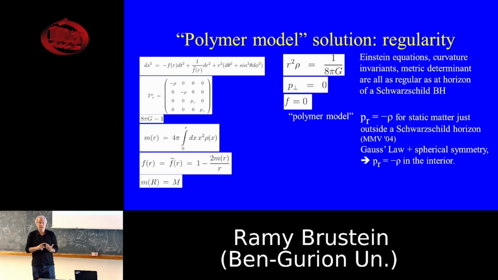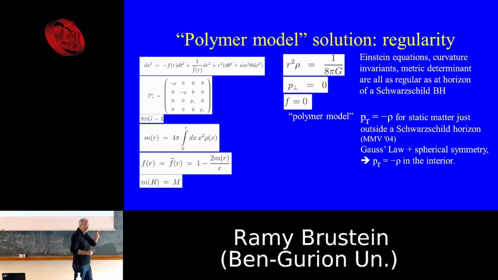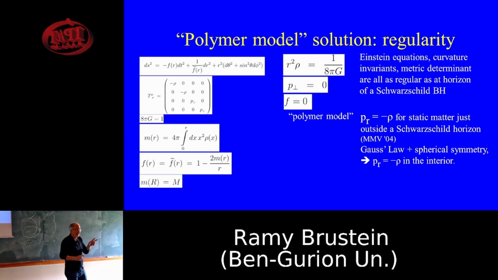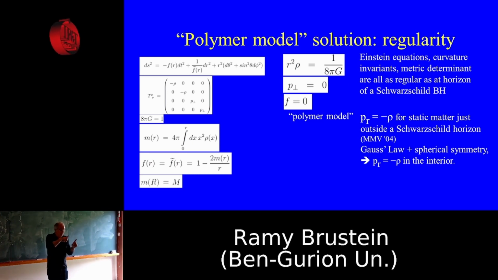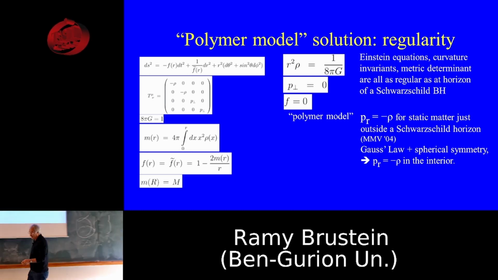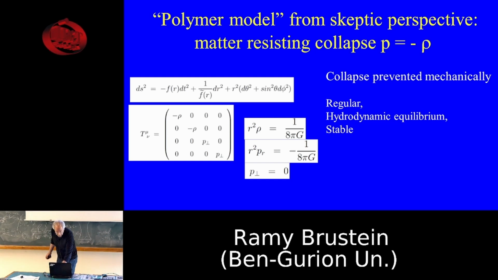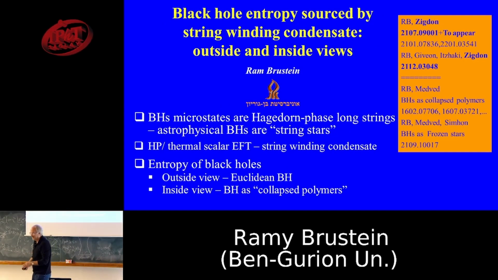And this solution is actually stable. We checked that linearly. In a way, it's similar to the gravastar or what Ulf was saying, but the symmetry, so it's p equals minus rho. That's how collapse is prevented, because in the singularity theorem, it's the combination p plus rho that enters. In this case, it's stable, and hydrodynamically stable. And that's it. Thank you.